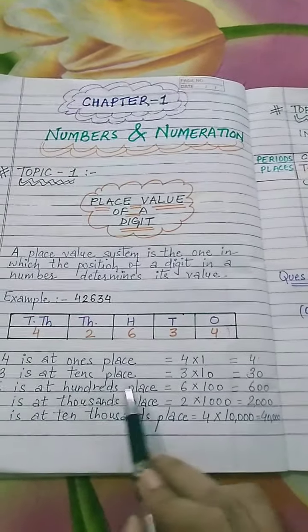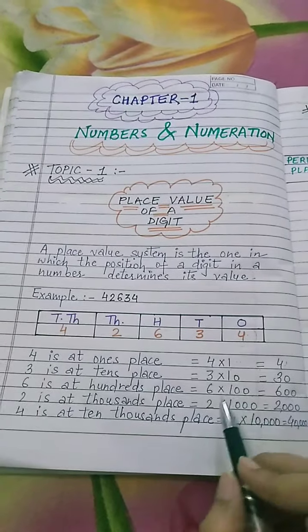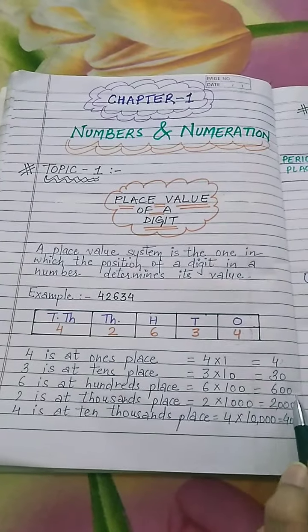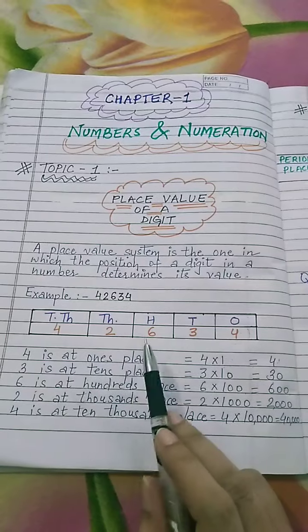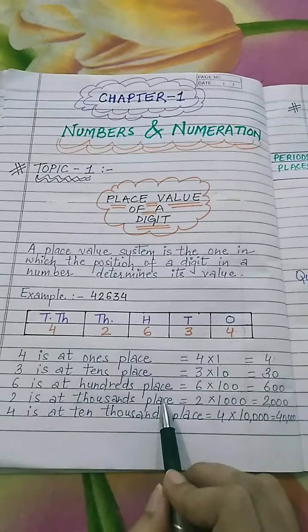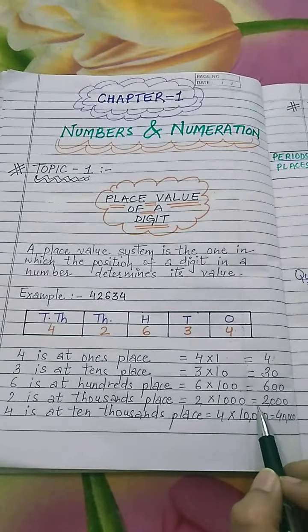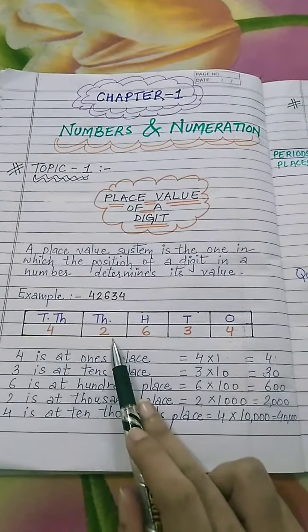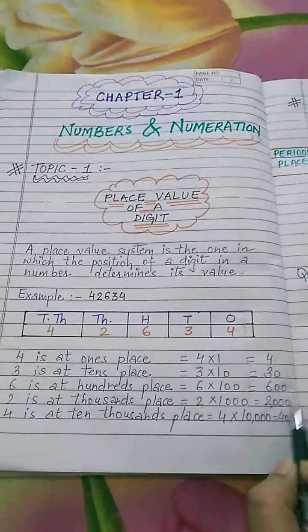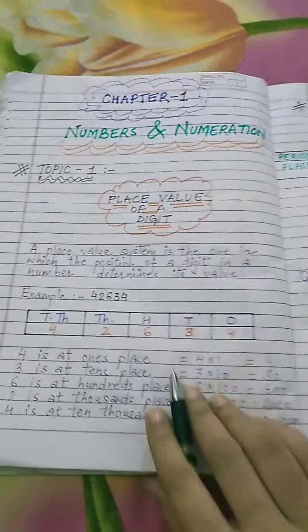Similarly, 6 is at hundreds place, so we will multiply 6 by 100, and after multiplying we'll get 600. So the place value of 6 is 600. Similarly, 2 is at thousands place, so we will multiply 2 by 1000 and we'll get 2000. So the place value of 2 is 2000. Place value of 4 is 40,000.